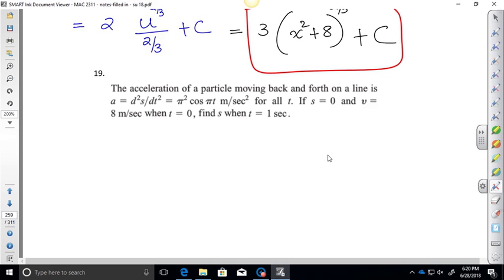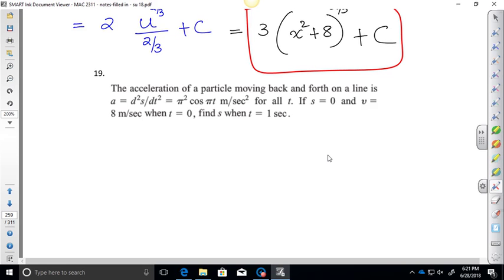The acceleration of a particle moving back and forth on a line, which is the second derivative of the position, is pi squared cosine of pi t. Okay, you have to find the position. So how many times do we have to integrate here?